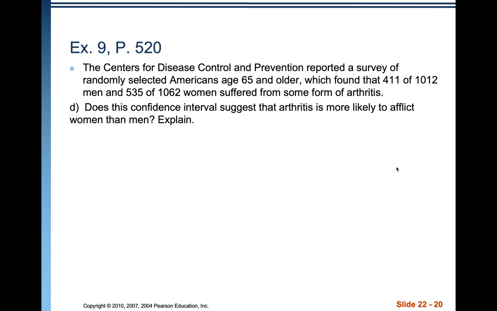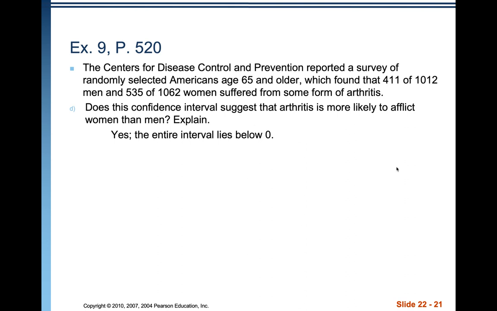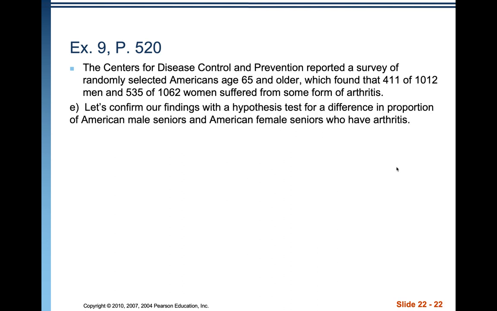Does this confidence interval suggest that arthritis is more likely to afflict women than men? Well, yes, the entire interval lies below 0. So it is suggestive that women are more likely to have a higher rate of arthritis than men.